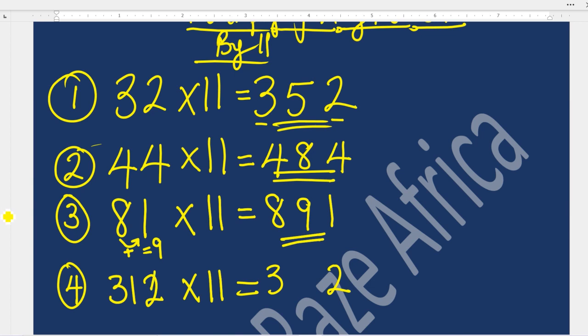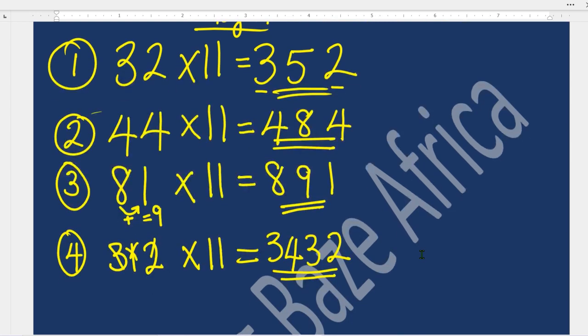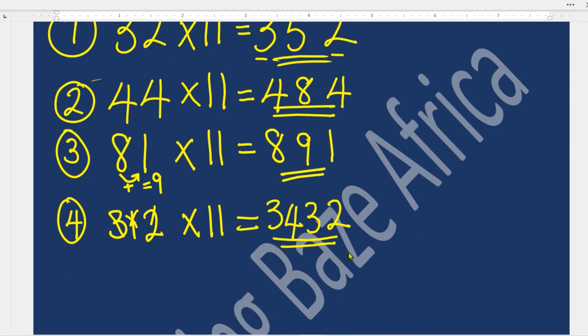So 2 plus 1 is 3. Come back here and write 3. Then 1 plus 3 is 4. Come back here and write 4. So 312 times 11 is equal to 3,432. Now look at the next one.